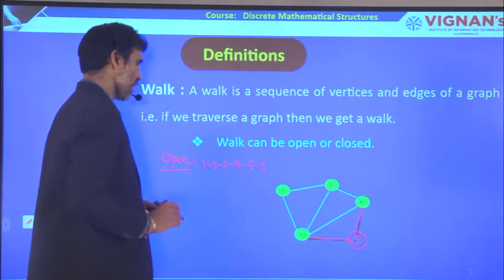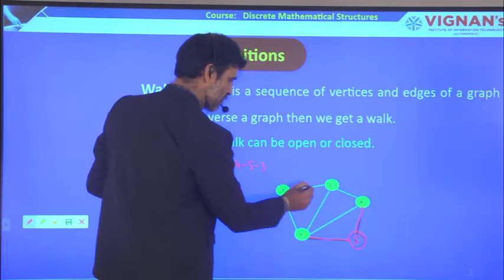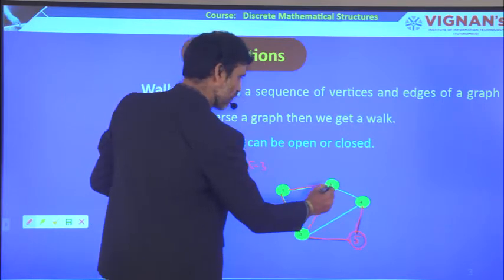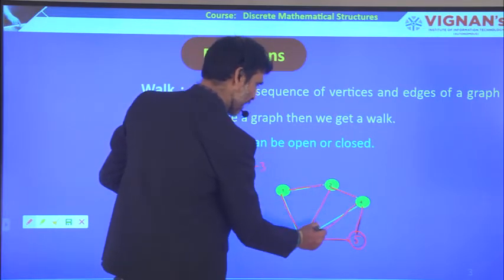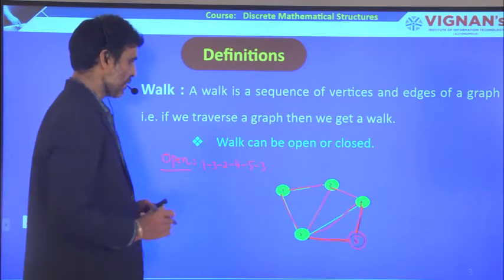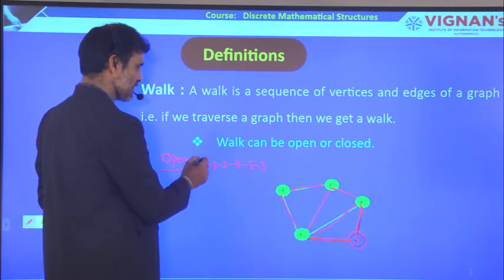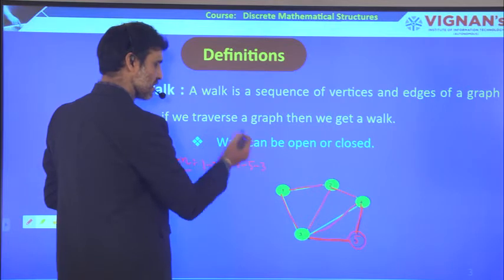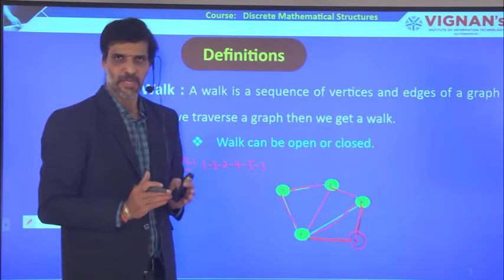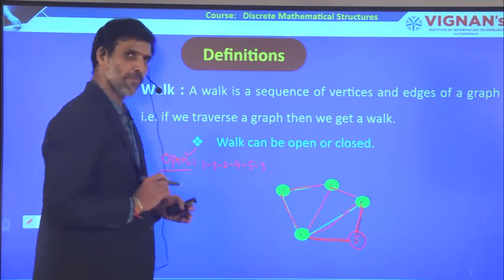If you observe, the starting vertex is 1 and the end vertex is 3. Here the start vertex and end vertex are not equal, that means they are different. Therefore such a walk we call an open walk.